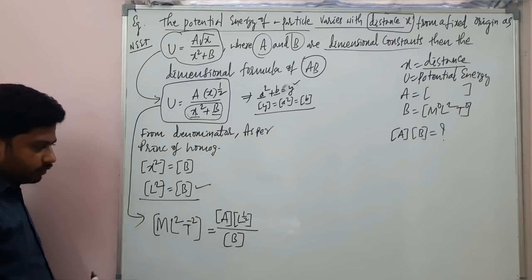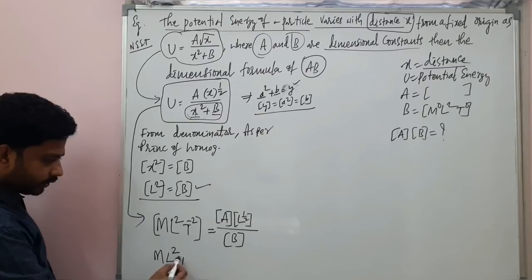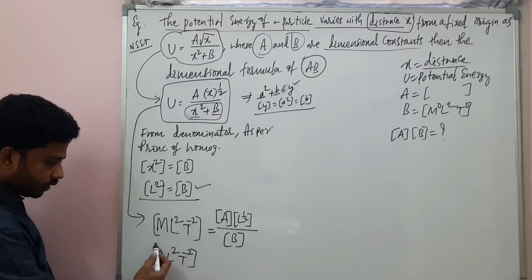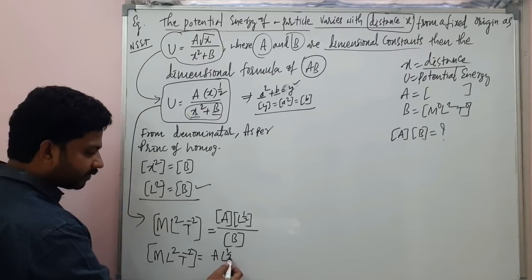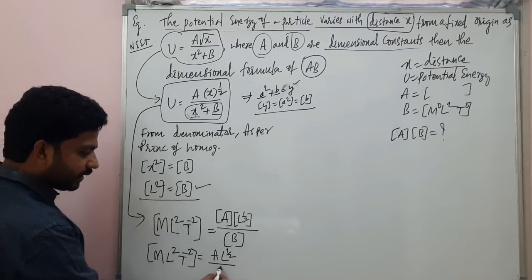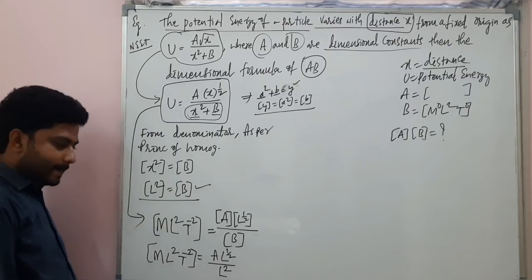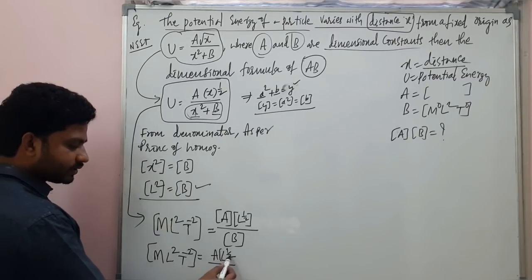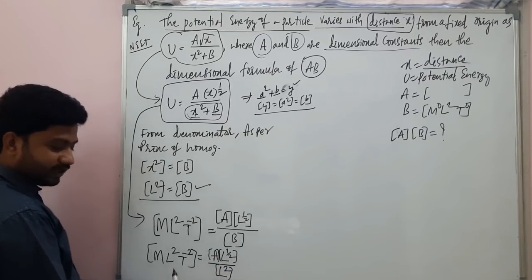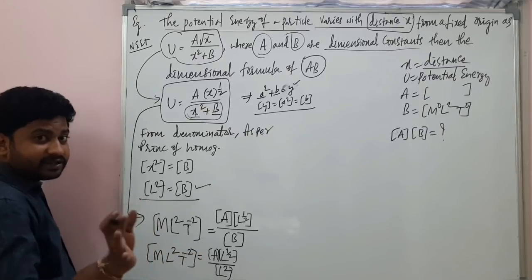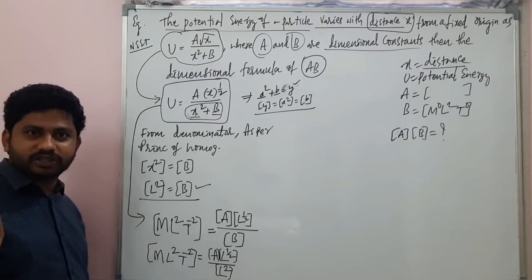From here, I can write M L square T minus 2, which is equal to A L to the power 1 by 2 divided by the dimensions of b, which is L square. So this is the dimensions of A, which I need to find out. Just cross multiply this L square. For multiplication and division there is no rule according to the principle of homogeneity. Understand?